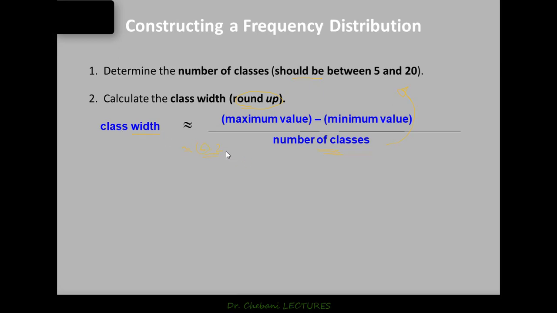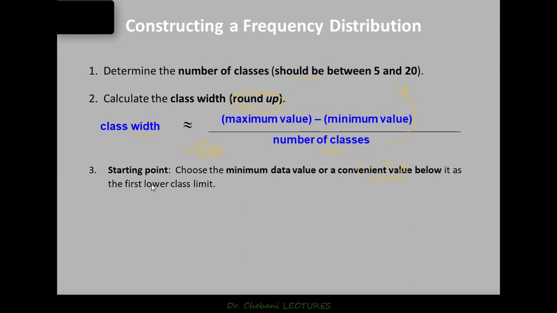If you want to simplify your distribution, you don't want a class width with a decimal like 6.2, which would give you awkward limits like 1 to 7.2. You wouldn't want that. You would want whole numbers. And that's why we round up, okay?